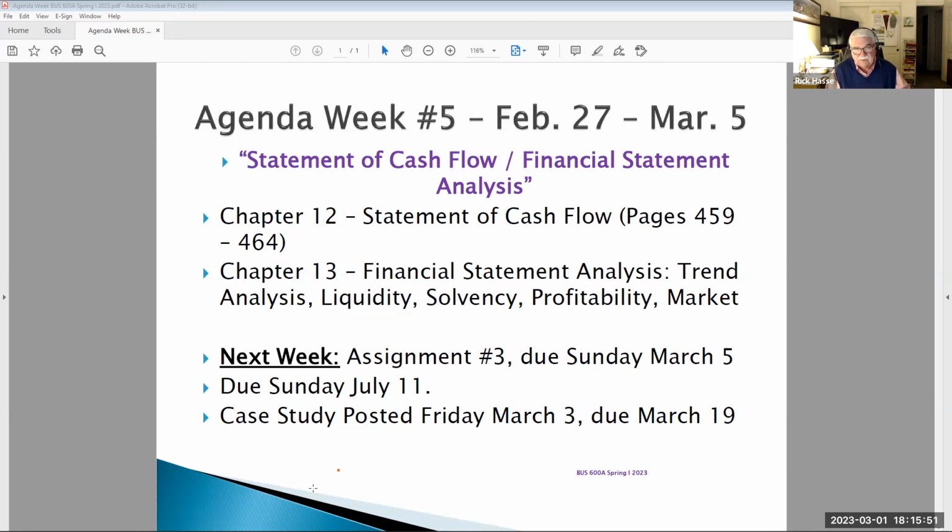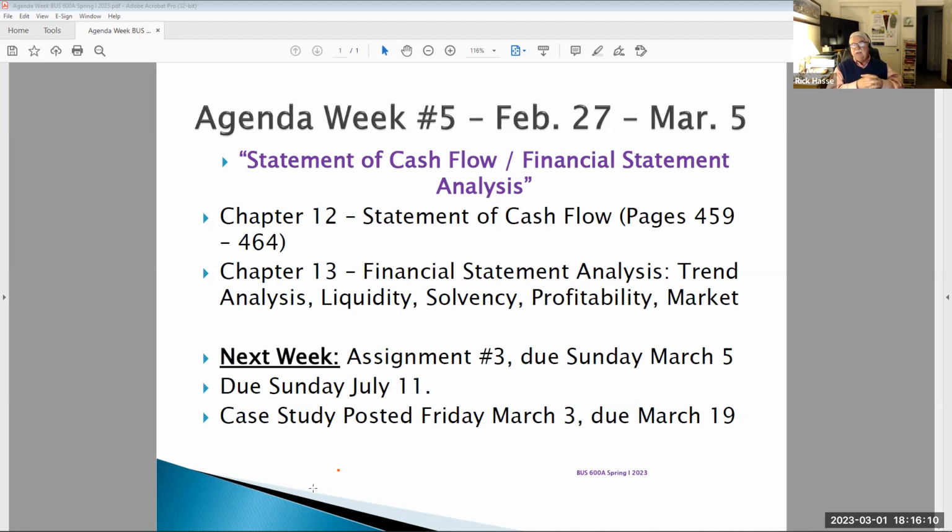Tonight, our discussion is statement of cash flow and financial statement analysis. This is the midpoint between accounting and finance, because the statement of cash flow and the analysis of financial statements lead into the information you need in the study of finance.